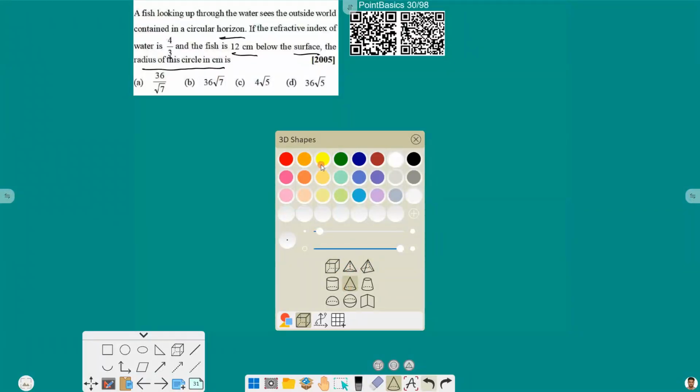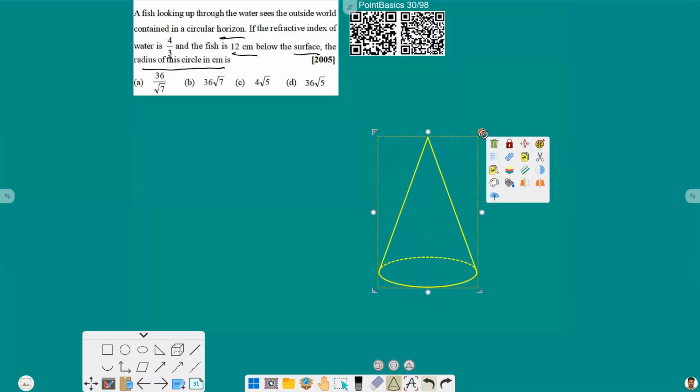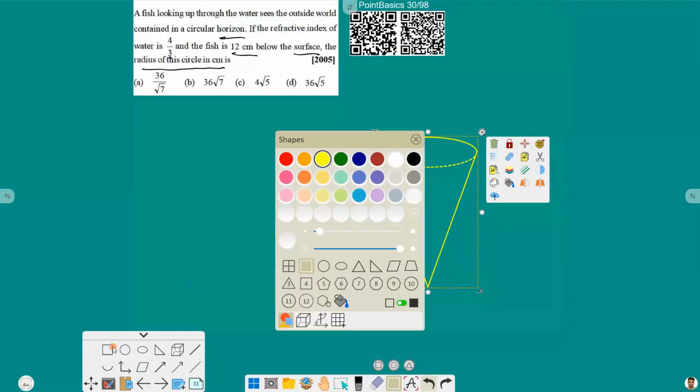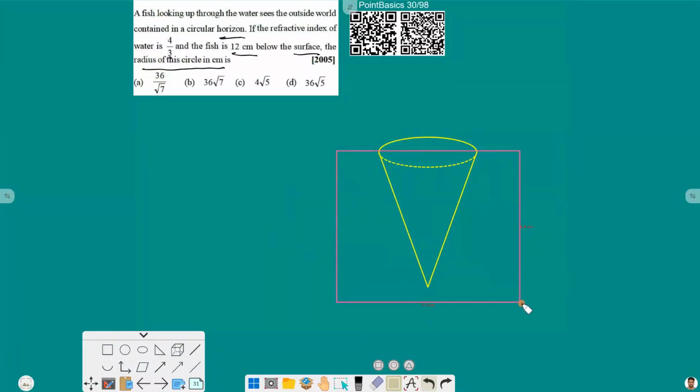Here it is, this is a cone, and let us rotate it. And now let us add a water tank. So suppose this pink color represents the water tank, and at this point we have the fish. Our fish is here, and it is able to see only through these lines.